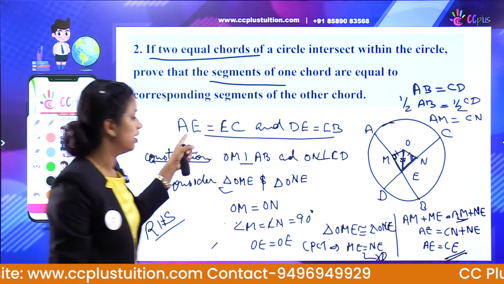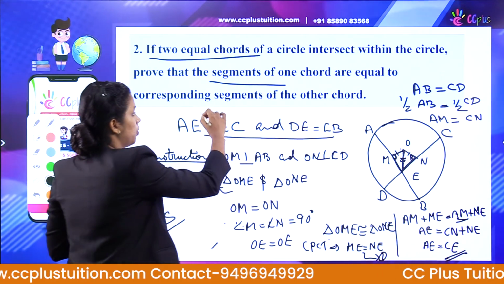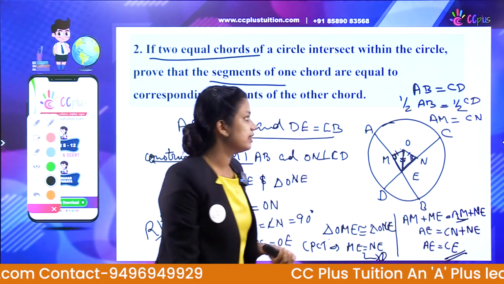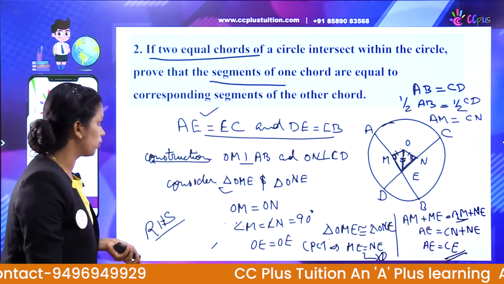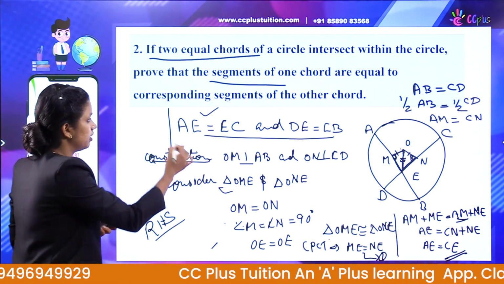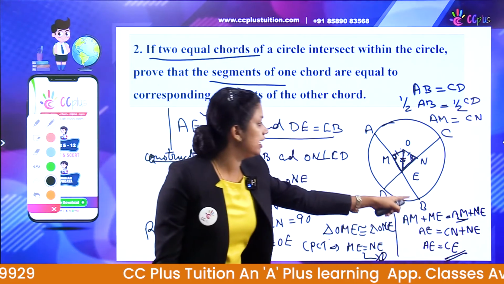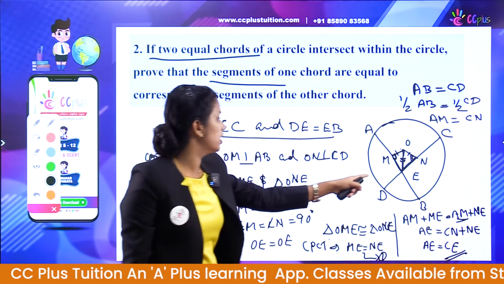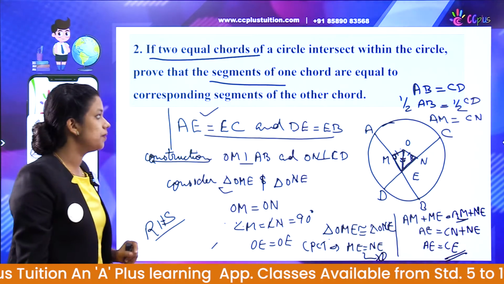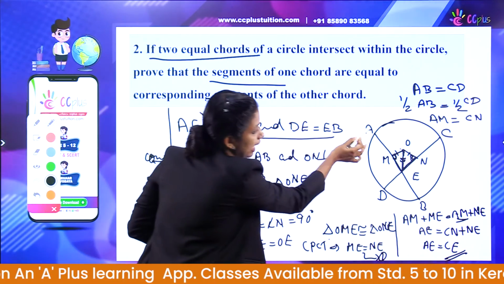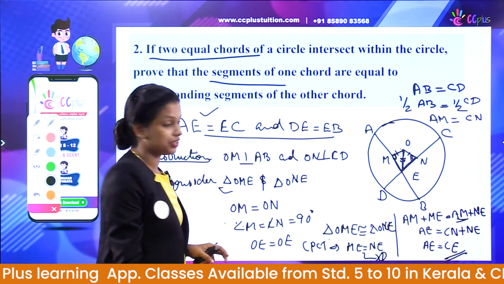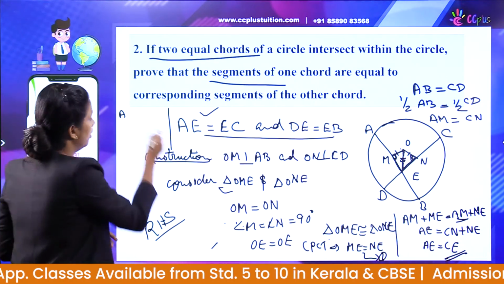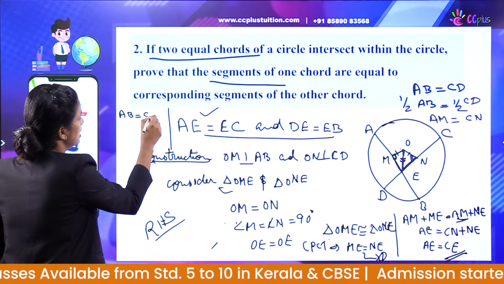Back to the question. This is the first result that we wanted to prove: AE is equal to EC. Then the second result that we want to prove is EB is equal to DE. Here, AB can be written as AE plus EB, and we know AB equal to CD.